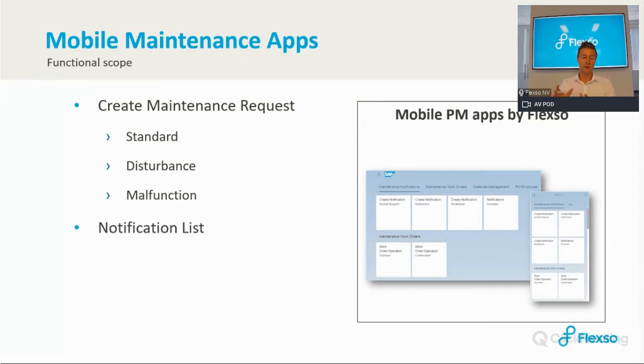The result of the logged notifications can be seen in the notification list, where we also have a Fiori app for. And during daily or weekly maintenance meetings, the maintenance department decides which of the problems will be executed and solved, so which of the problems will be converted into a maintenance order.